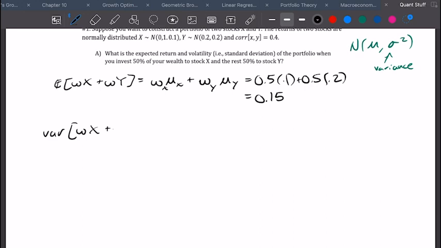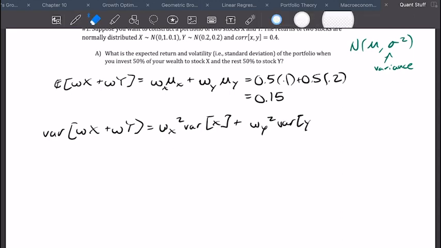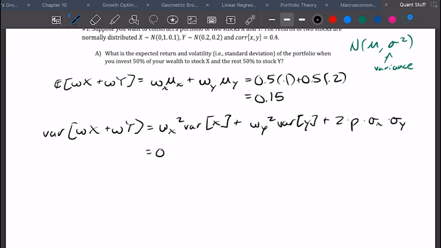Essentially, you're multiplying the weight of X squared times the variance of X, plus the weight of Y squared times the variance of Y, plus 2 times the correlation times the standard deviation of X times the standard deviation of Y. We won't go into the derivation of this formula, but this is a formula used to calculate the variance of any portfolio.